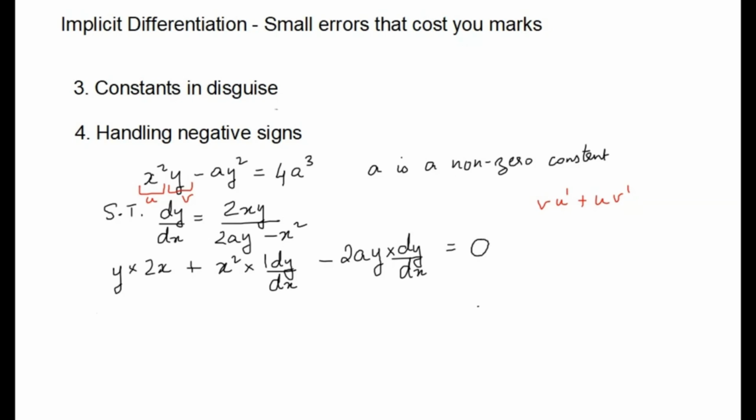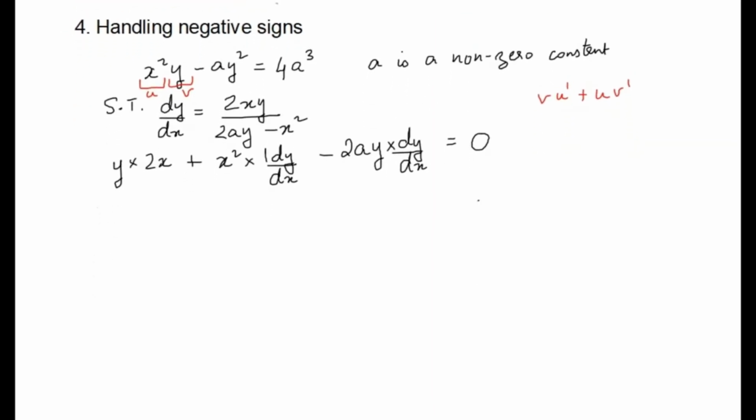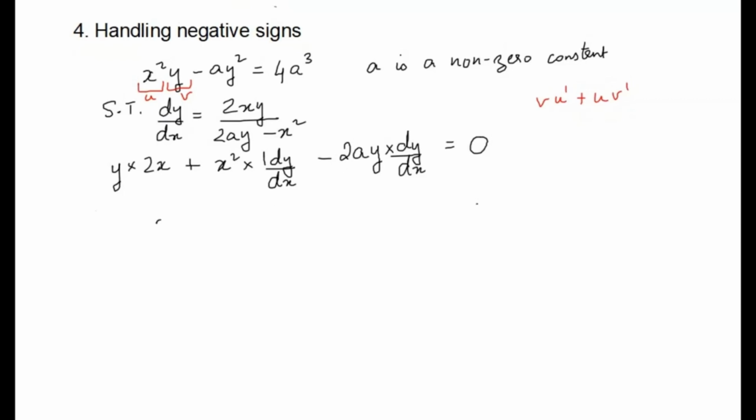And now we simplify the way we normally do, which is gather all the dy by dx terms on one side and the remaining terms on the other. So x squared dy by dx minus 2ay dy by dx is equal to negative 2xy.